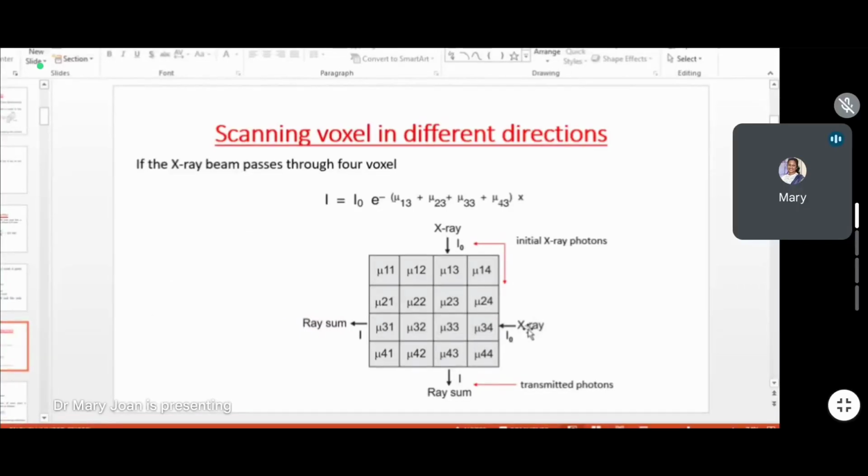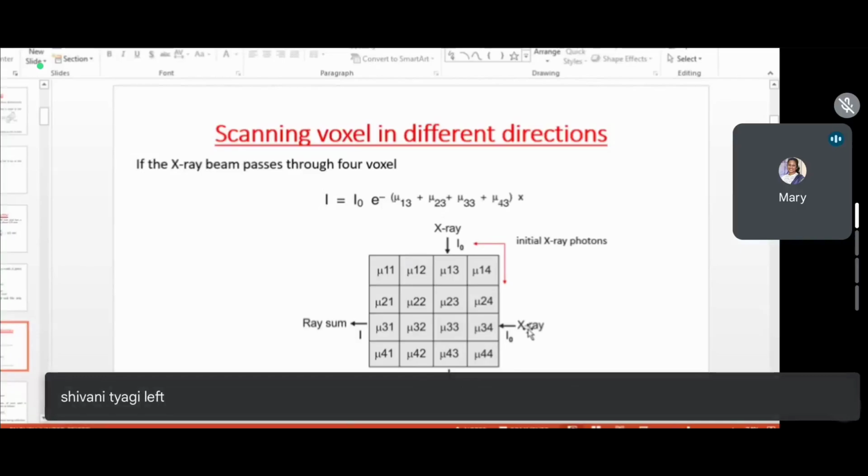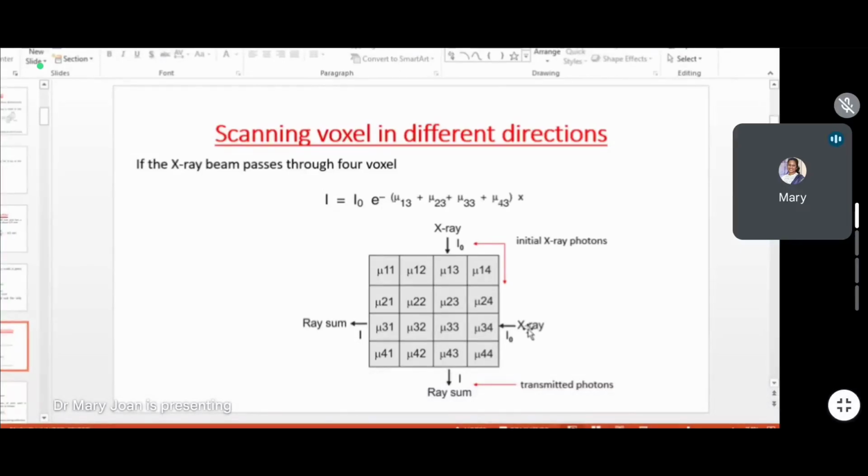Coming to scanning voxels in different directions. If the X-ray beam passes through 4 voxels, then I equals I0 e raised to minus mu 13, mu 23, mu 33, and mu 43, multiplied by x.